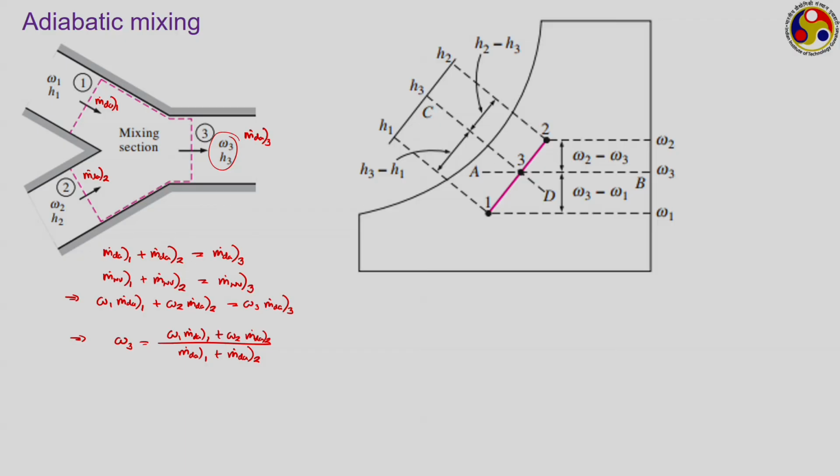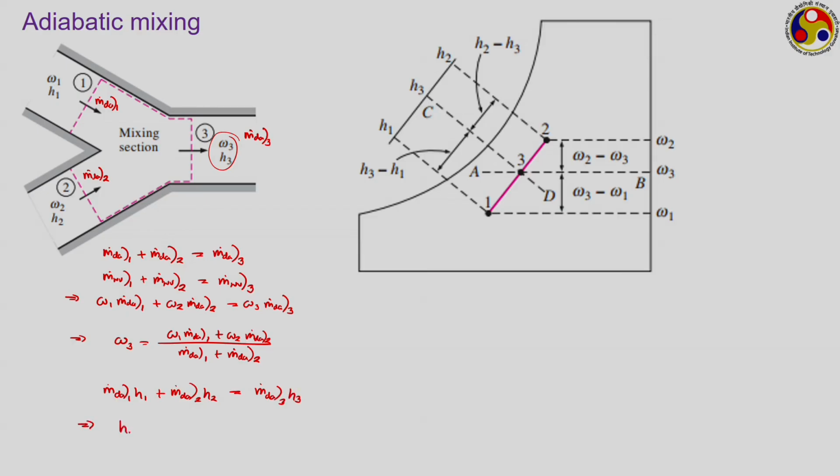Similarly, if we perform an energy balance on the same, then for the stream 1, we can write the total energy content for this one will be m dot dry air 1 into H 1 plus for the stream 2 m dot dry air 2 into H 2, and that is coming out with m dot dry air 3 into H 3.